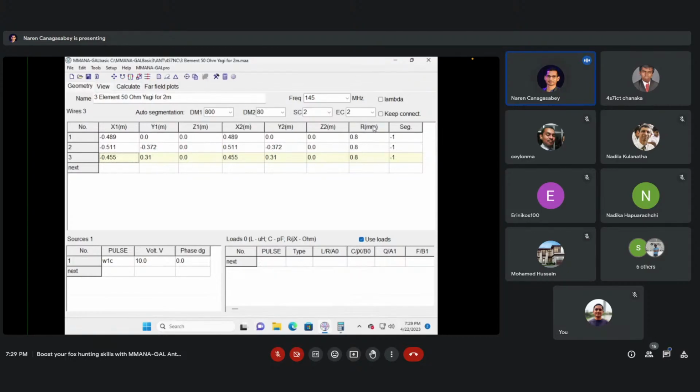Okay, so just to explain about this radius more. By increasing the radius, you see a slightly improved SWR over a wider range. Increasing the radius actually has the effect of increasing the workable bandwidth of the antenna.